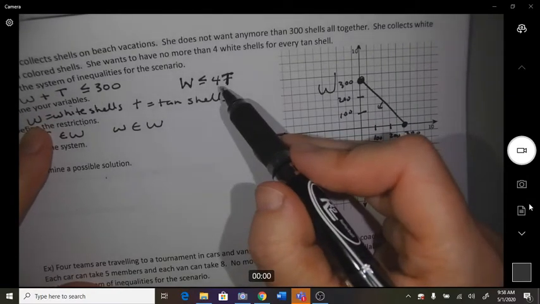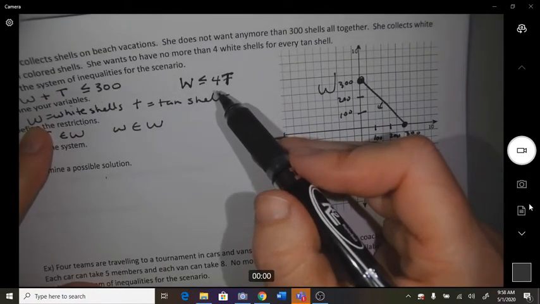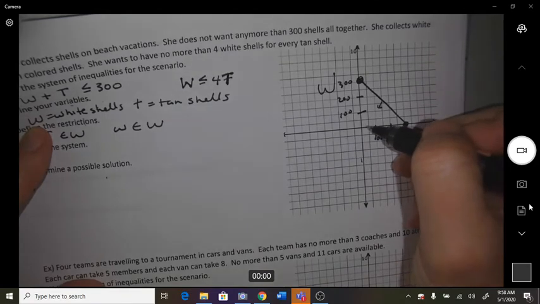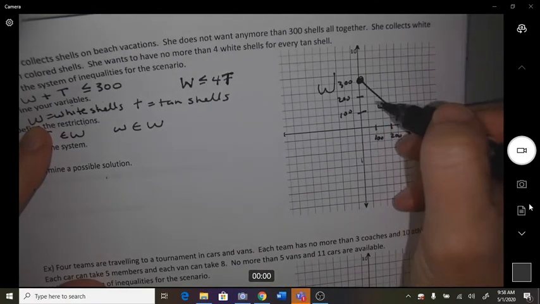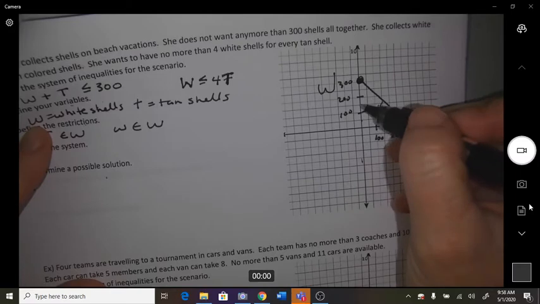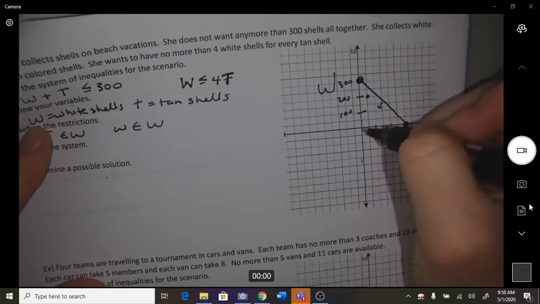And then when you graph this, you have to rise 4 for running 1. So since my scales are the same, 1, 2, 3, 4 over 1, and that is also solid.